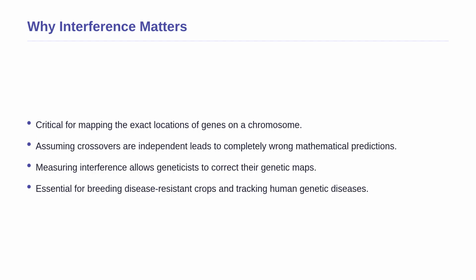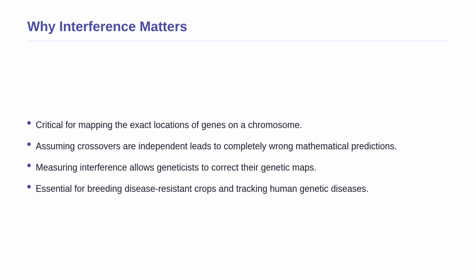You might be wondering why this suppression zone matters so much to scientists. Understanding interference is absolutely critical when we are trying to map the exact locations of genes on a chromosome. If we incorrectly assume that every crossover happens completely independently of the others, our mathematical predictions for the distances between genes will be completely wrong.